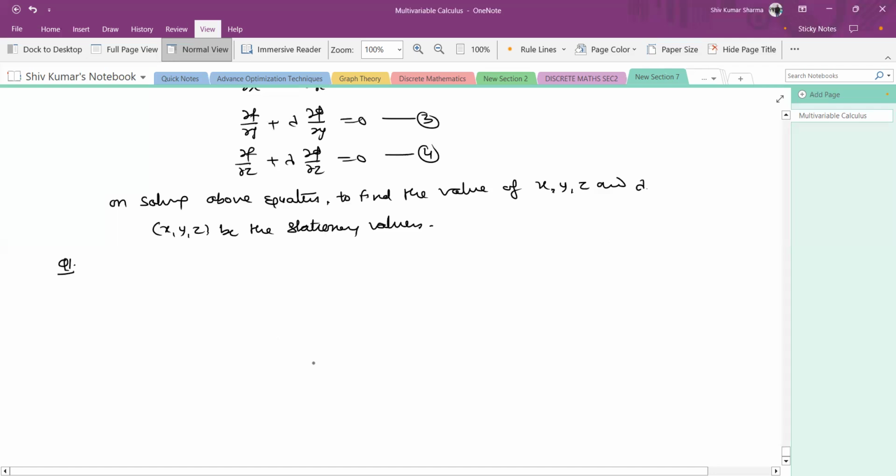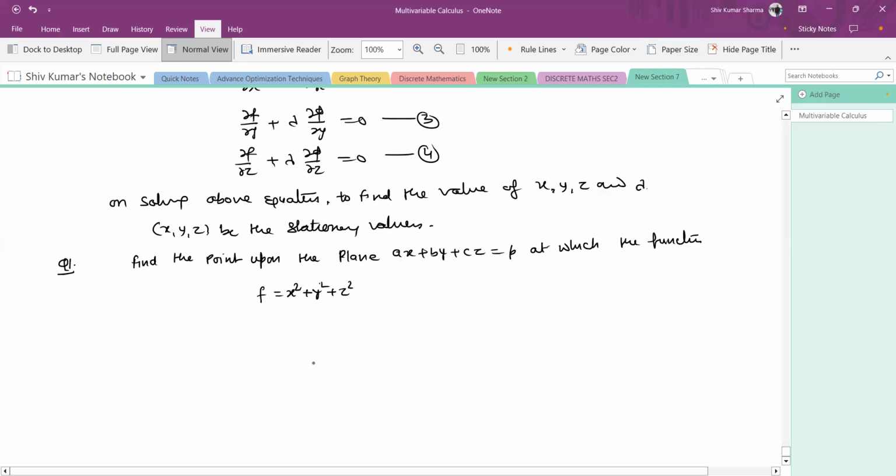The statement of the question: find the point upon the plane ax plus by plus cz is equal to p at which the function f equal to x square plus y square plus z square has a minimum value, and find its minimum value.